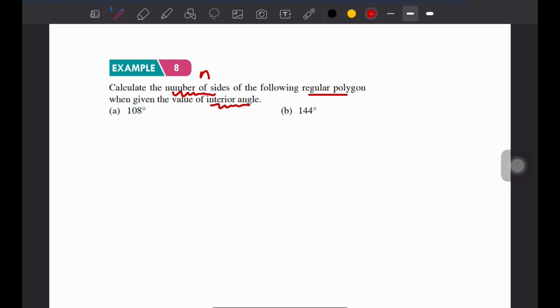How can you solve this type of question? Don't worry, there are a few approaches. Let's try one.